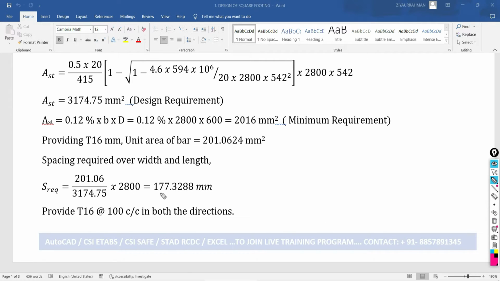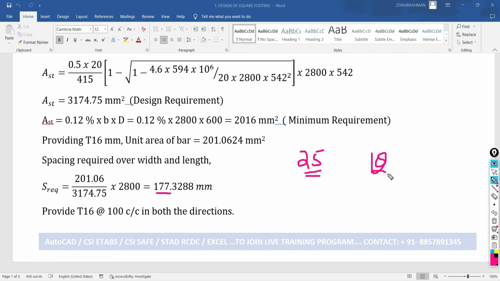One more thing, try to understand: 177.3288 mm is the spacing required in both directions, and you always have to consider the lower value. You have to consider the spacing by rounding down to a multiple of 25 mm.